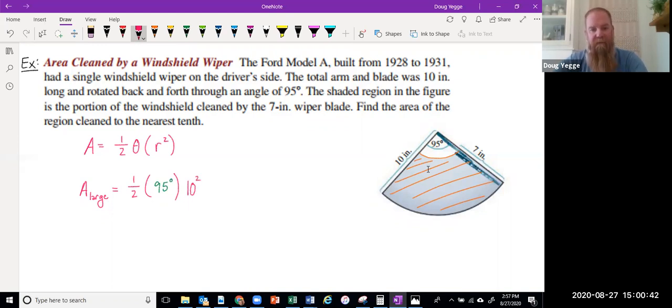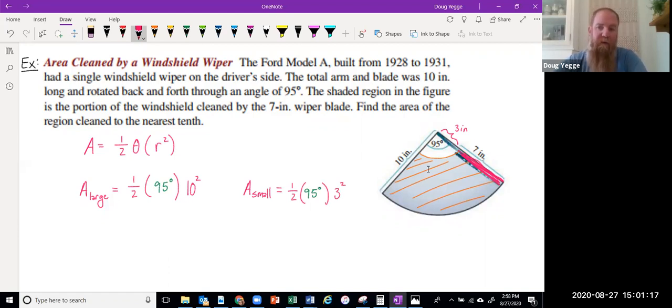But then we also have the area of the small sector that we're going to have to deal with as well. So the area of the small sector is going to be, well, the difference here. If all of this piece is 7 inches, then I know the radius of this piece is 3 inches. So we're going to have to subtract off that piece in order to take out that sector. But it's still the same angle. So it's still going to be 1/2 times 95 degrees, only now it's going to be 3 squared.